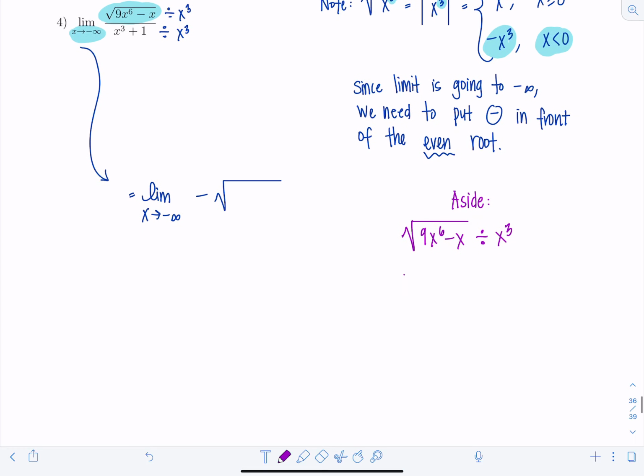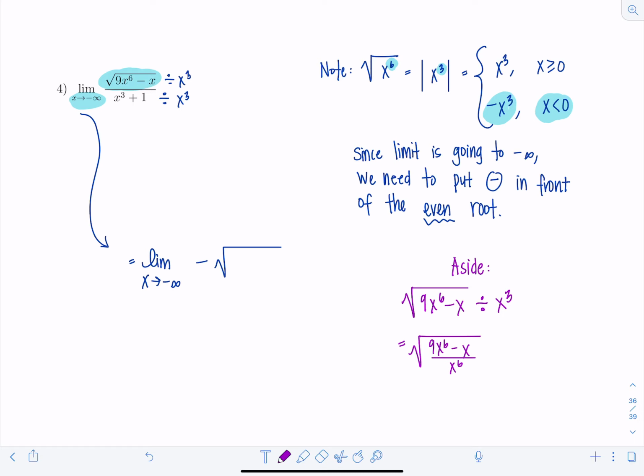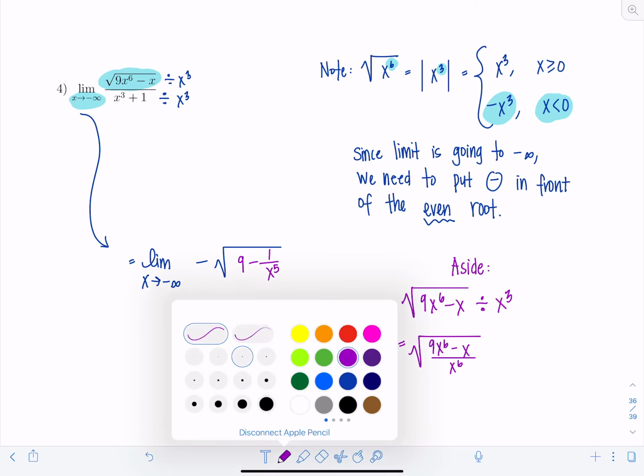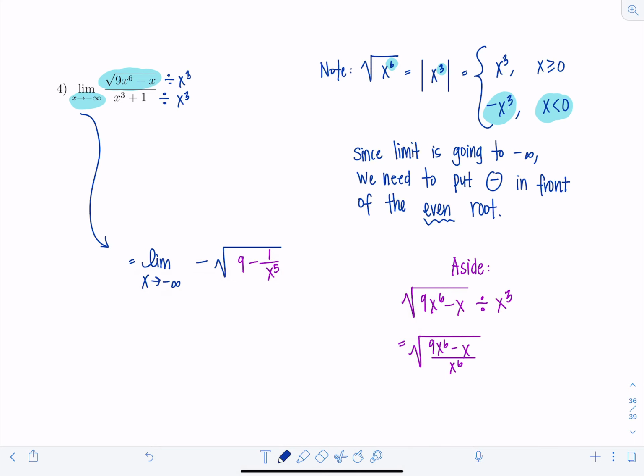So when you put it underneath the radical, now you're going to have 9x to the 6th minus x over x to the 6th. Okay, so in the numerator now we're going to have 9 minus 1 over x to the 5th, and then over x cubed divided by x cubed is 1 plus 1 over x cubed.